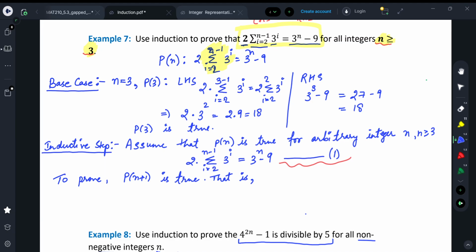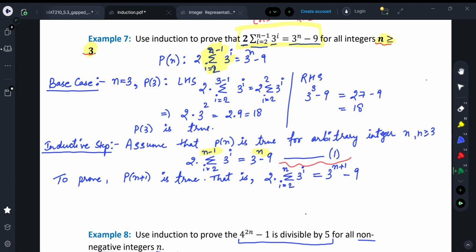So to prove Pn plus 1, I'm looking at equation 1. I'm going to replace everywhere you see n with n plus 1. And that equation is what we need to show, that the LHS equals the RHS. So the left hand side will become 2 summation i going from 2 all the way up to n plus 1 minus 1, which is just n. And I have to prove that this is equal to 3 to the power n plus 1 minus 9.